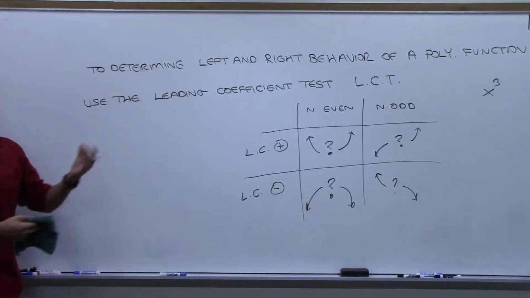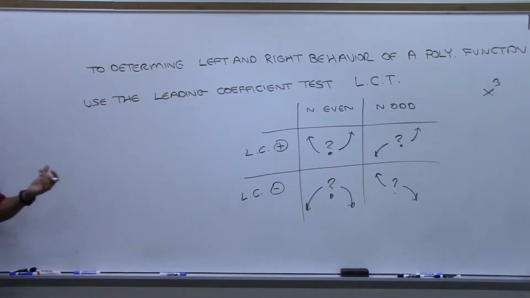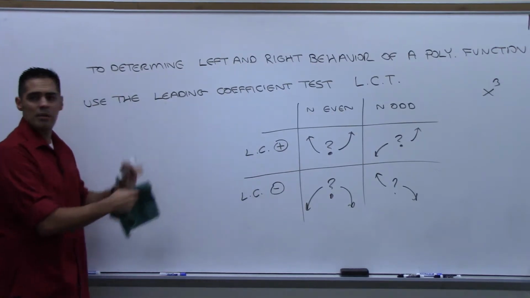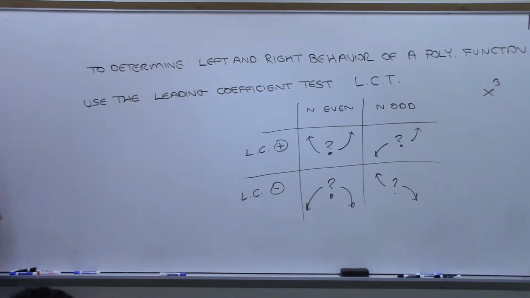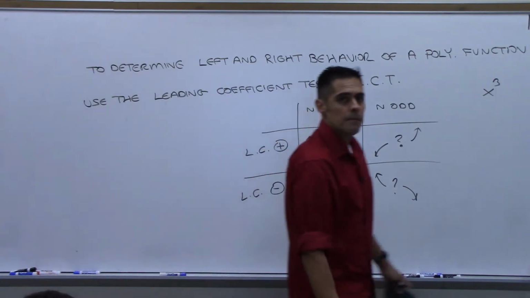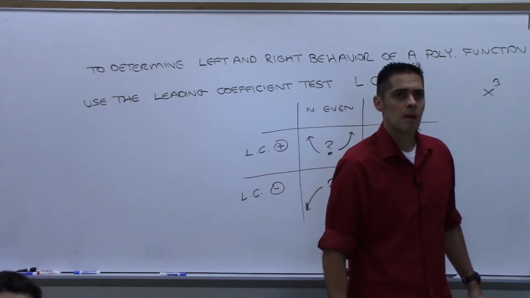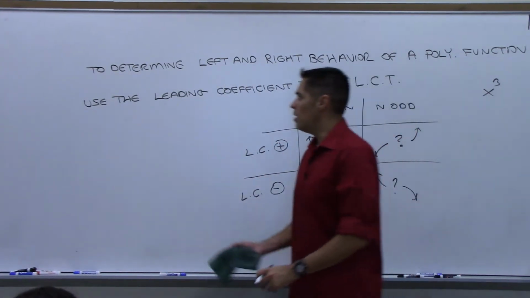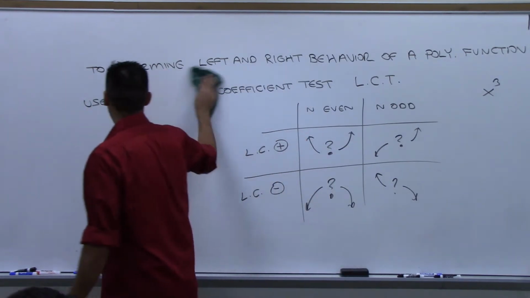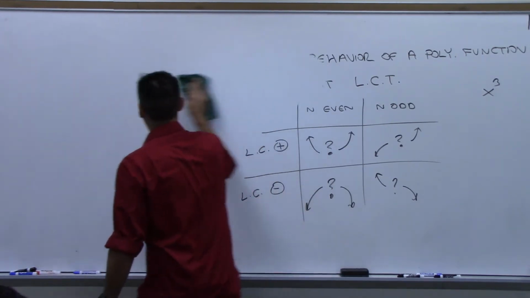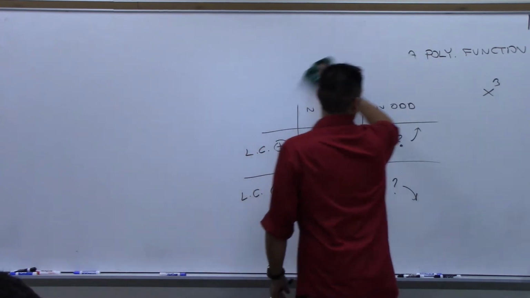Right, so that's always going to be our first step when we go to graph a polynomial function. We're always going to just figure out what the left and right hand behavior is. The next challenge for us is to find the x-intercepts.